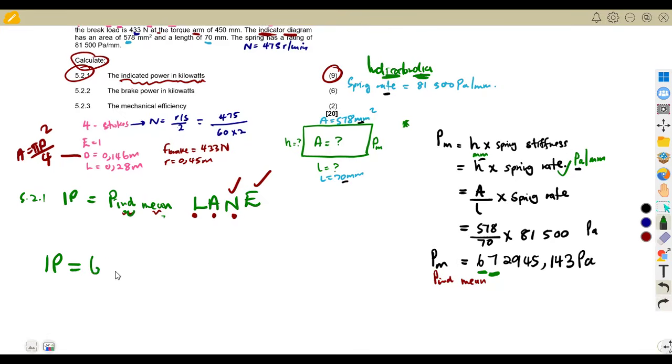We got 672,945.143 in Pascal. So if you use this in Pascal, it means your answer here is going to be in watts.